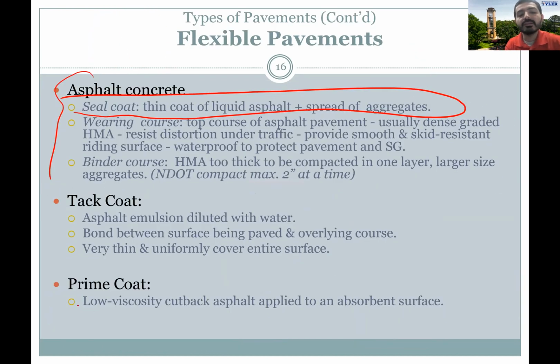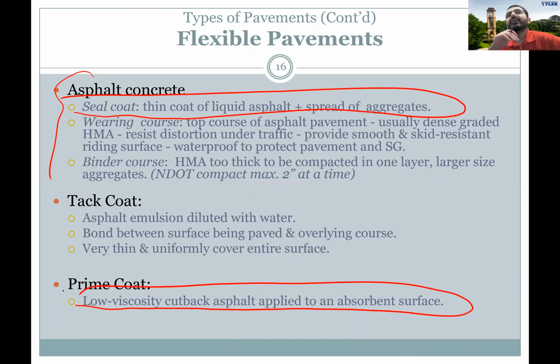The prime coat is typically a low viscosity cutback asphalt that is applied to an absorbent surface. We really like to put it in order to block all the voids in that crushed aggregate base layer. So we add it on the top, so we seal this heavily high air void structure, which is the base layer, before we start paving the hot mix asphalt layers.